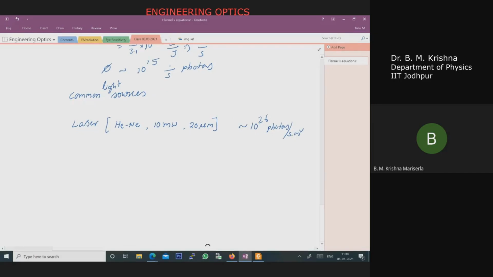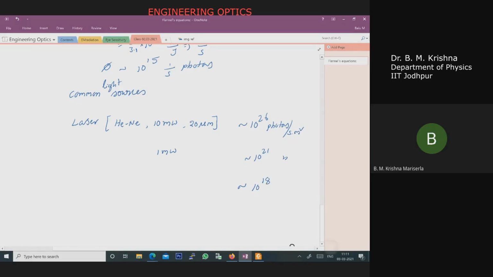The same laser, if you make it a 1 milliwatt laser, will reduce to 10 power 21 photons per second meter square. Now if you take bright sunlight, very hot in the summer, that can produce a flux of 10 power 18 photons per second meter square. That's the bright sunlight.